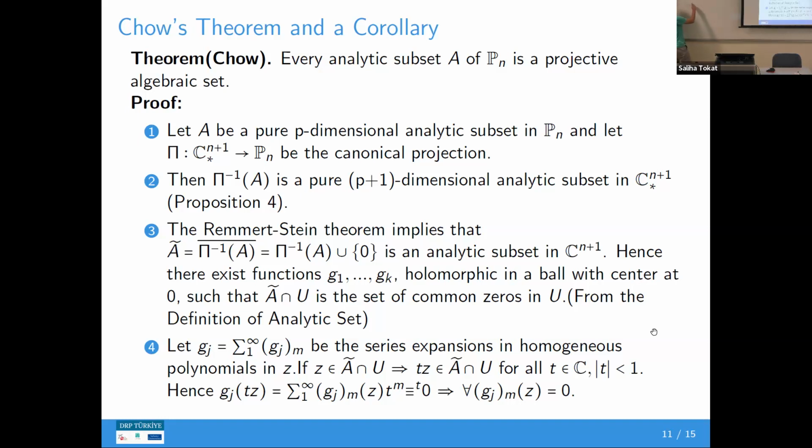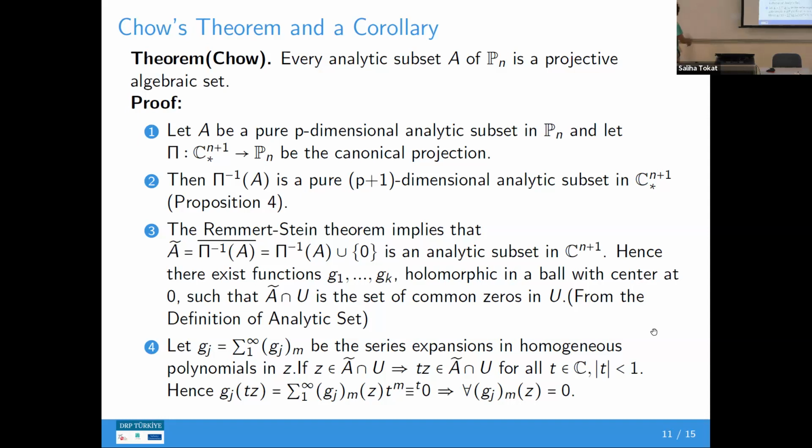Since it is closed in C^(n+1)*, this is equal to π⁻¹(A). Yeah, if it is containing 0, then the closure equals this.